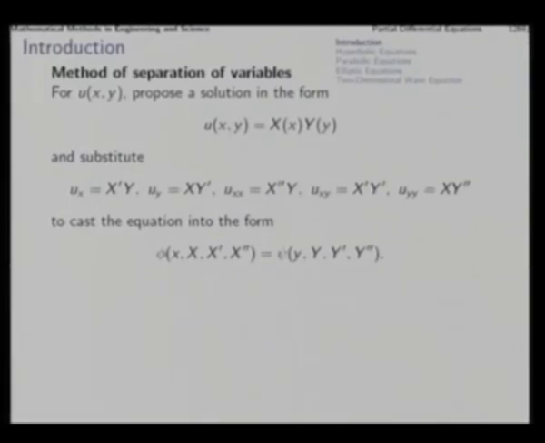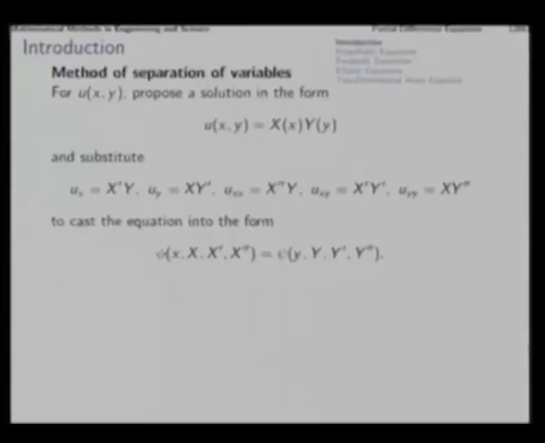Now, we take all these differential coefficients and insert them into the given partial differential equation and try to simplify the equation in such a manner that all terms containing the variable x, the function capital X and its derivatives, go to one side, and all terms dependent on y go to the other side.